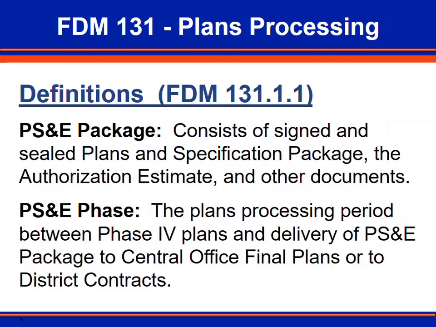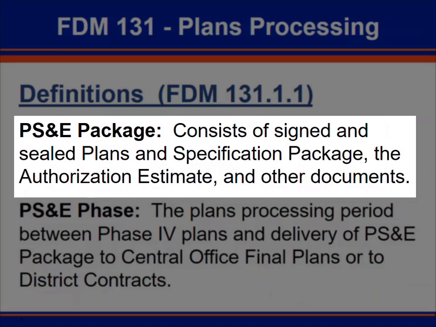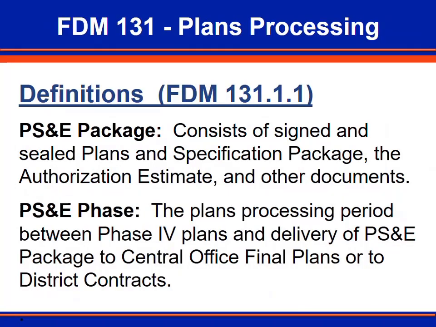Definition of PS&E package is not new, but has been tweaked from what was included in PPM Volume 1, Chapter 20. The authorization estimate is the official construction estimate certified by department staff. The traditional engineer's estimate supports the determination of unit prices used to generate the authorization estimate.